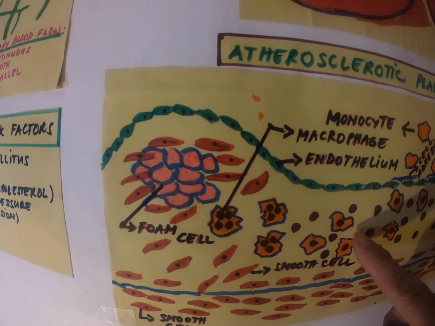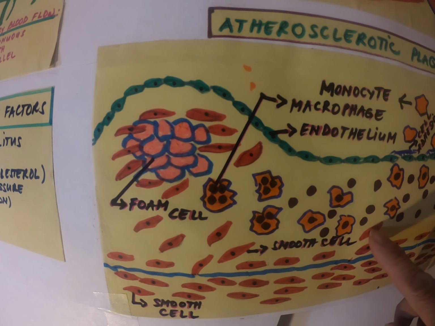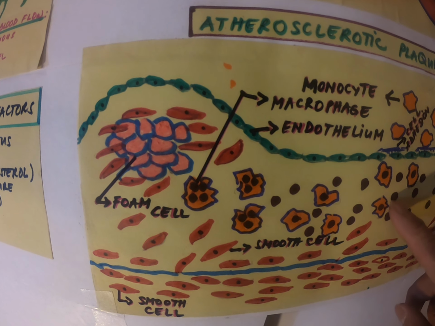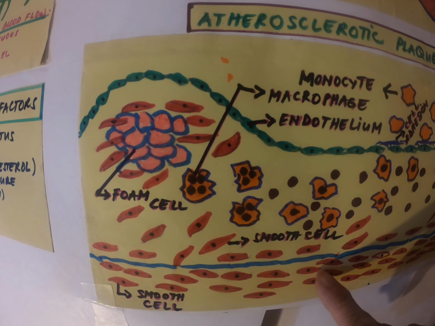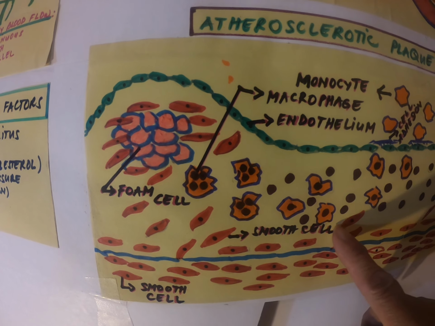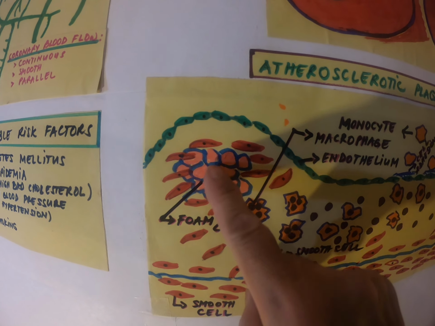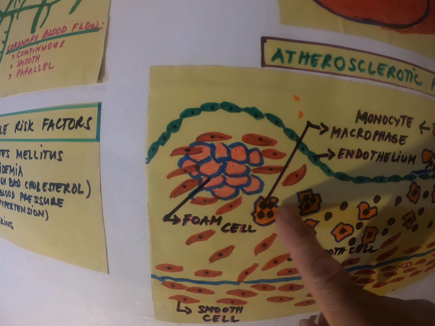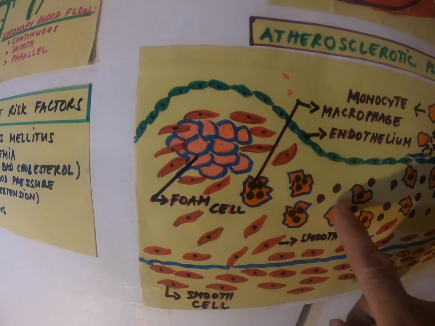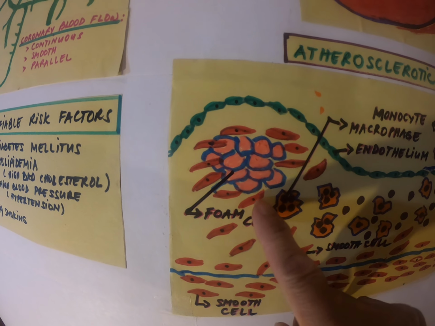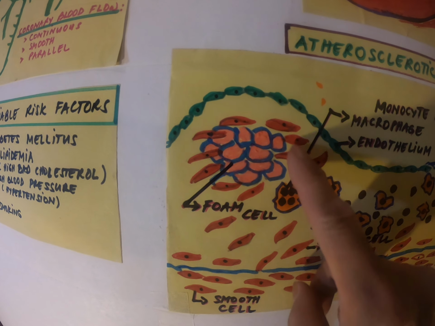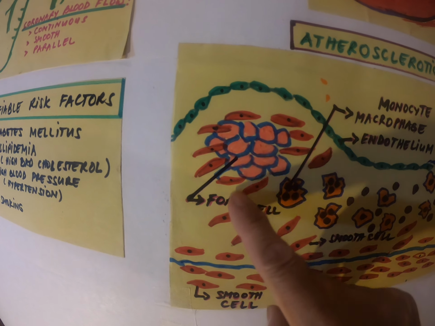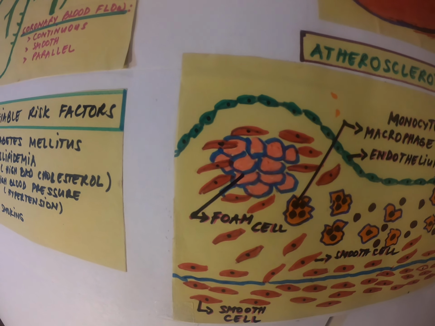The inflammatory cells like chemokines that are elicited by these T lymphocytes will also encourage migration of the smooth cells to come out of the tunica media to join the plaque, so it gets bigger. The macrophage will never stop ingesting all these LDLs until it becomes a foam cell and dies, but the lipids will continue to accumulate, and so will the smooth cells.